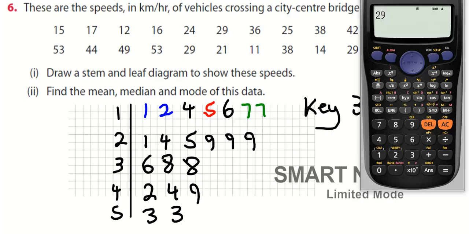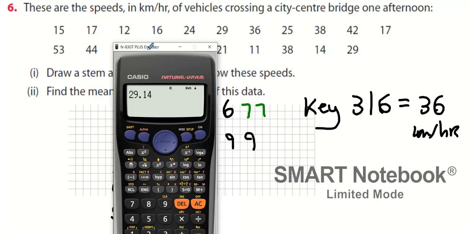All right. 29.14. So if I multiply 29 by 14, how many motorists is there? Is there 20? 21. 612 adds up to.